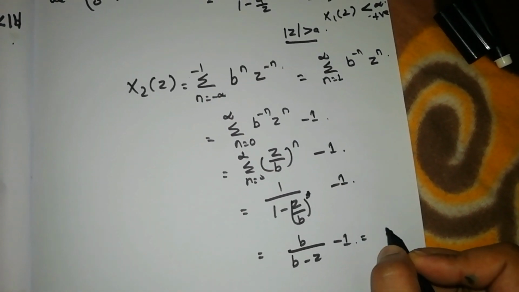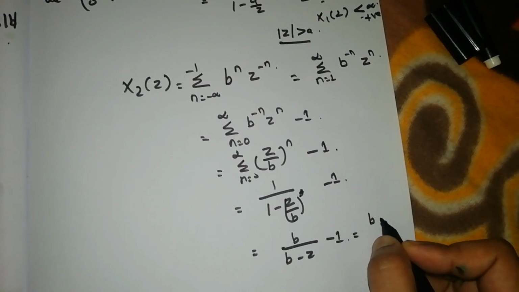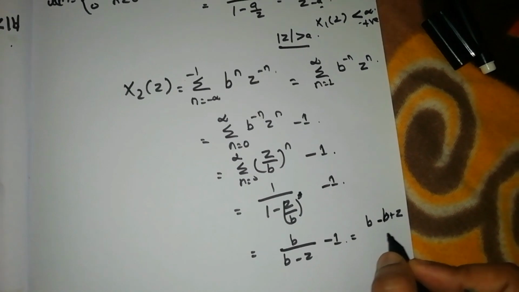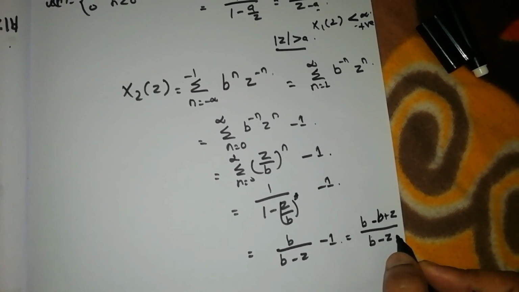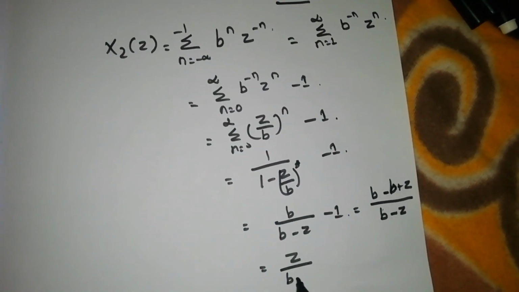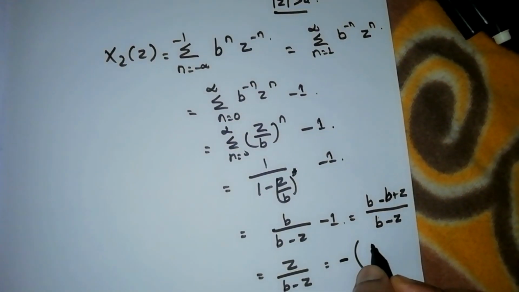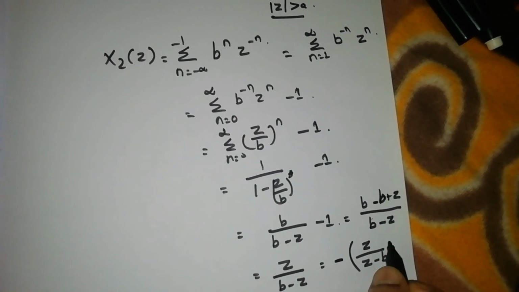Solving this we will get b minus b plus z divided by b minus z. So that is equal to z minus b by z, taking minus outside we will get minus z divided by z minus b.